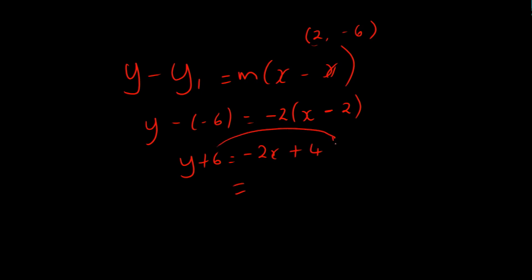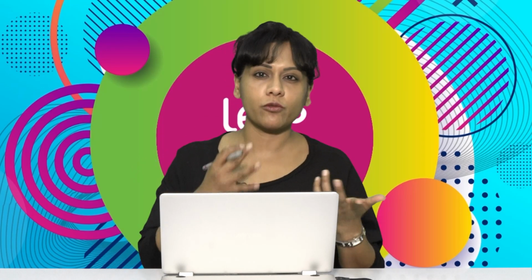Take the 6 over to the right-hand side, and I get minus 2x plus 4 minus 6 is negative 2. So this is the equation of that tangent in y form. Y is equal to negative 2x minus 2. If the question doesn't specify, generally you will still write your equation of the straight line in this y form. Just get into the habit of doing that so that you always know exactly what the examiners mean when they say y form.